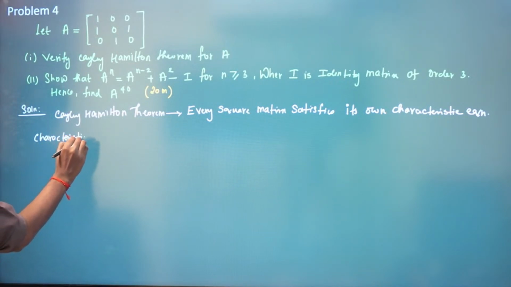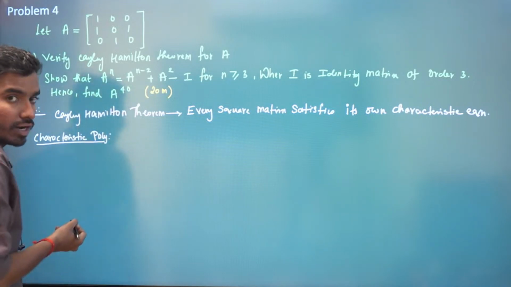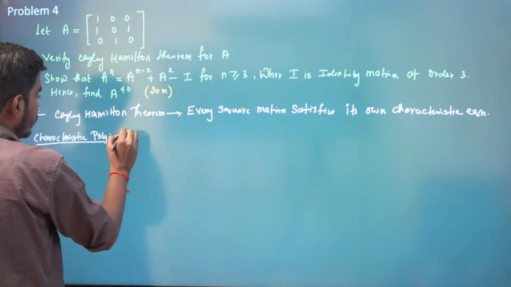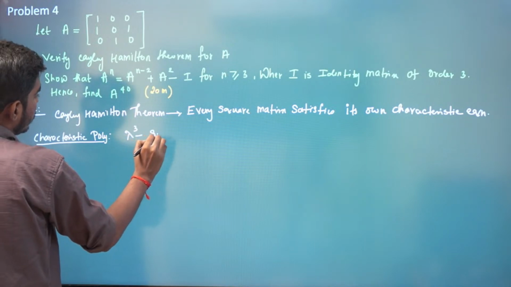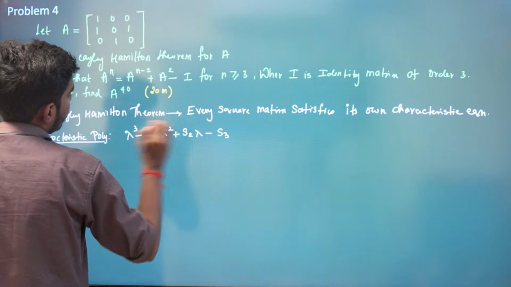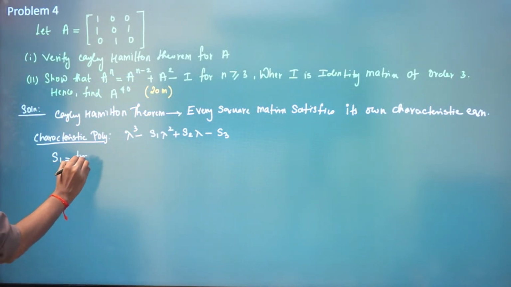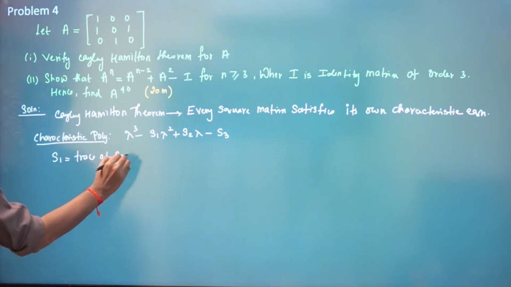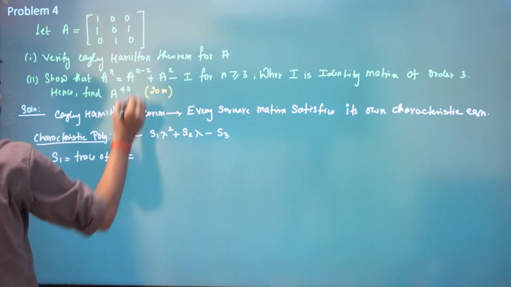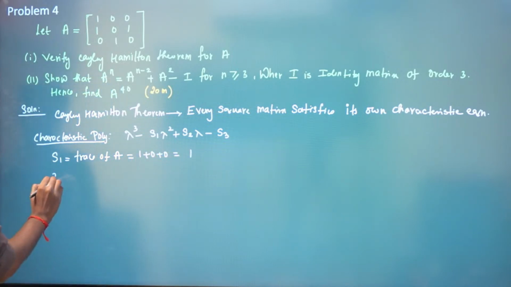So what is the characteristic polynomial for a 3 by 3 matrix? I've already explained in the 2024 problem, right? It is lambda cube minus s1 lambda square plus s2 lambda minus s3. Now what is s1? S1 is nothing but the trace of the given matrix, the sum of the diagonal elements, which is 1 plus 0 plus 0, which is 1. Now what is s2?